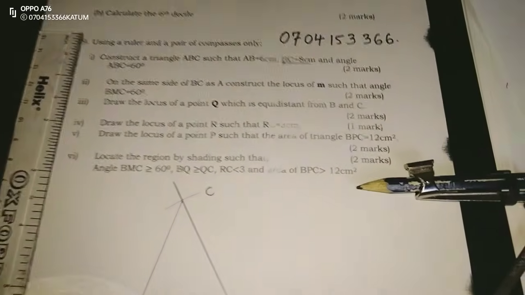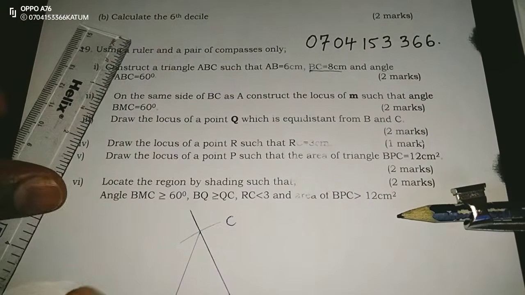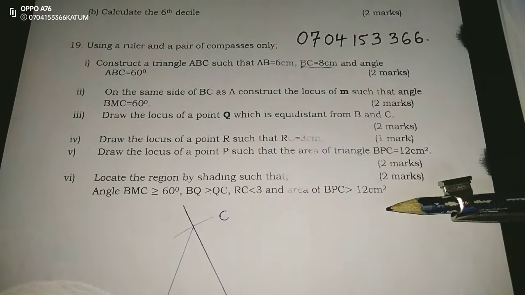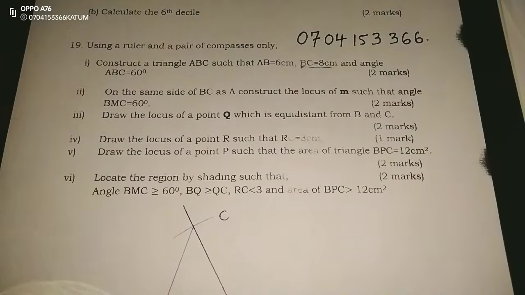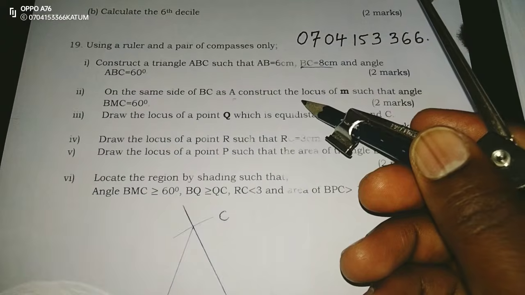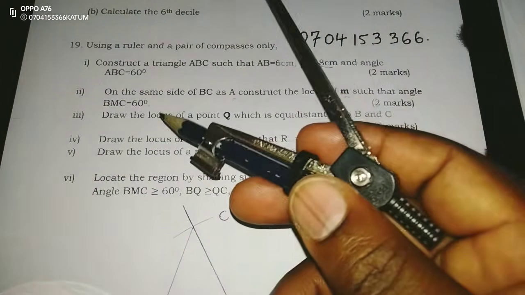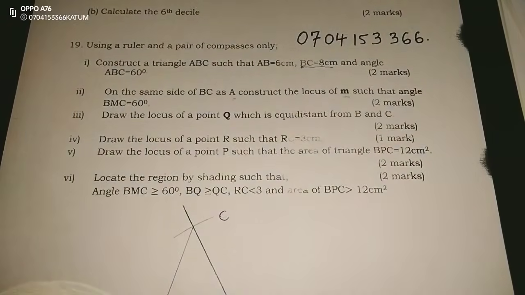The next question is Part 2, which says, on the same side of BC as A, so using BC, the side where A is, construct the locus of M such that the angle BMC equals 60 degrees.